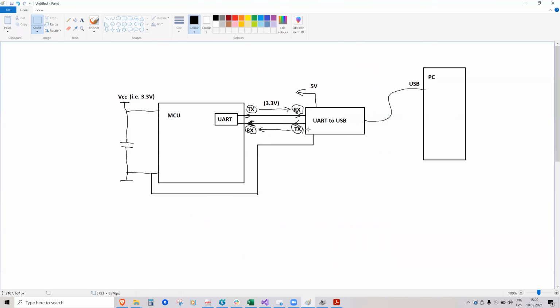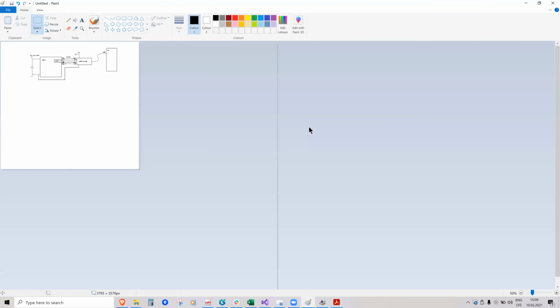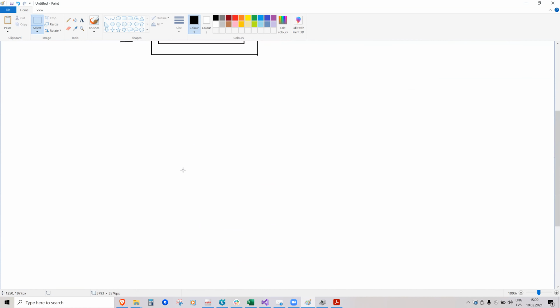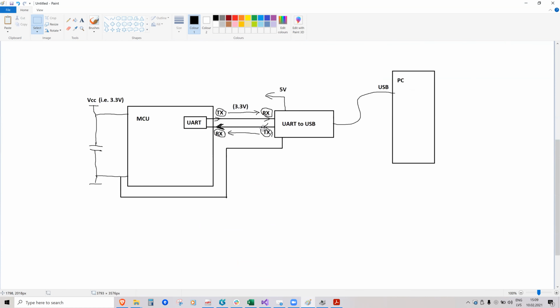And so in our picture, I'll just copy it and paste it right here.